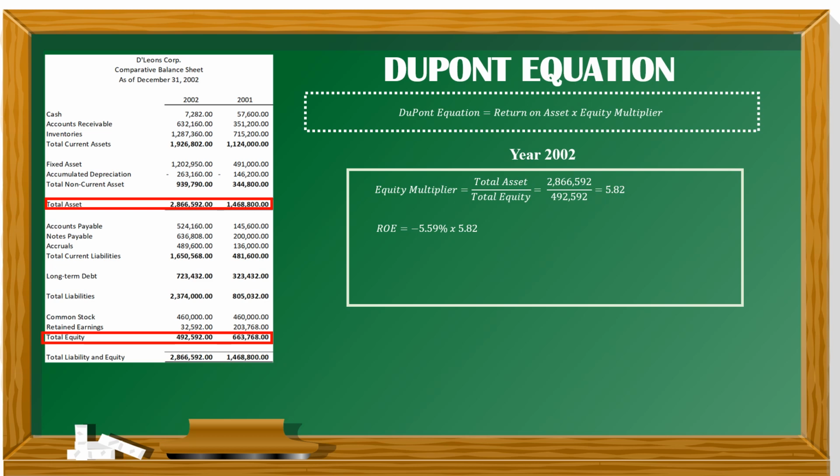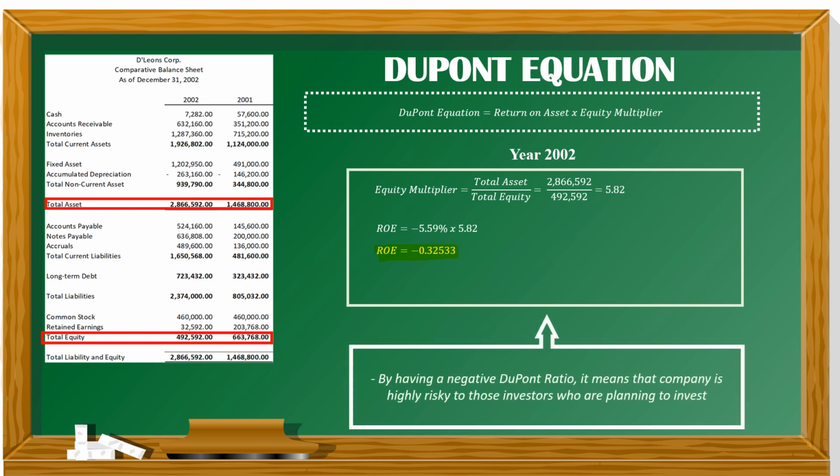The ROE here is the return on asset. Based on the previous slides, we have a return on asset of negative 5.59% multiplied by the equity multiplier of 5.82, and we can get a negative 0.32533. If you check this result against the return on equity we computed in the previous slide, we have almost the same figure, with a slight difference in the decimal.